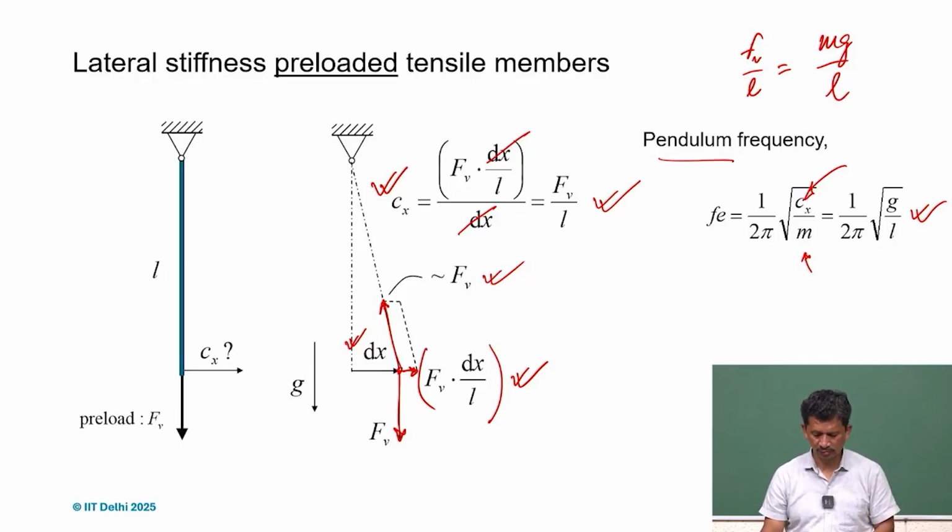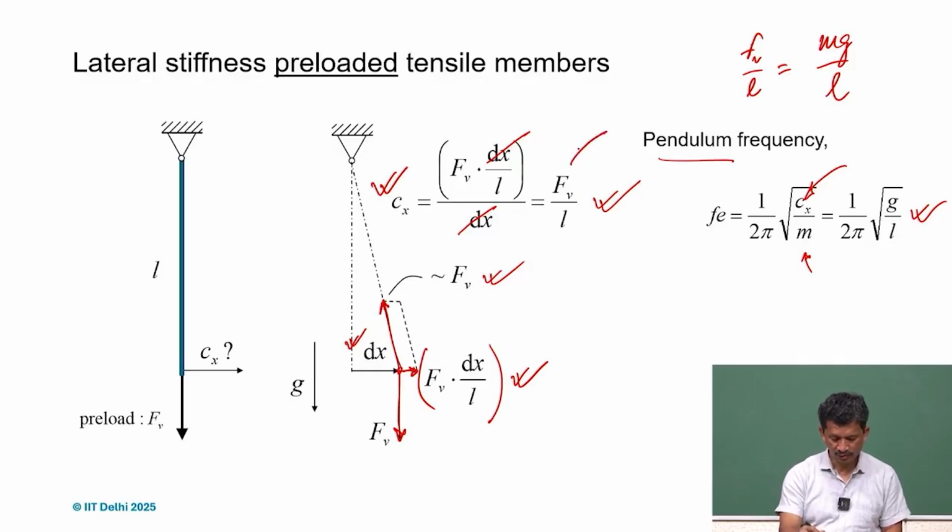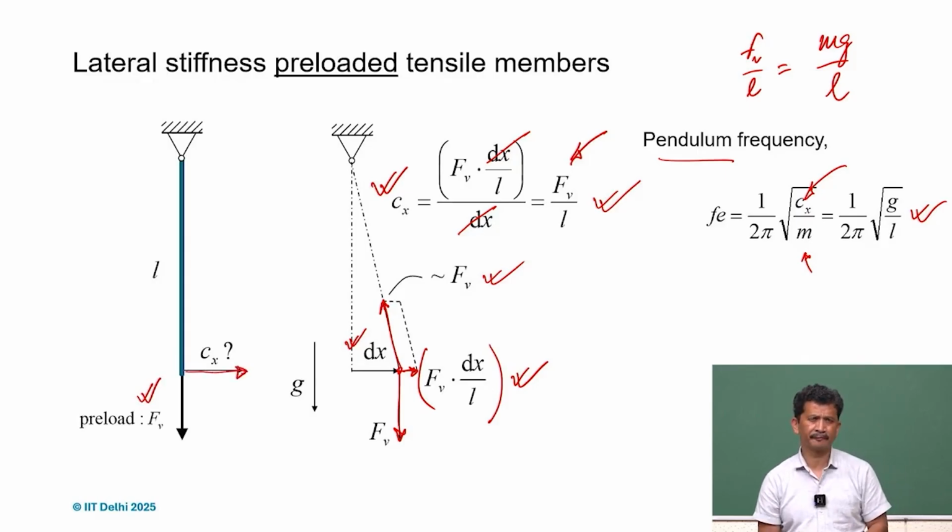So we can be very comfortable in using this formulation. Just remember, if there is a preload Fb working, the stiffness in the x direction will be Fb by L.